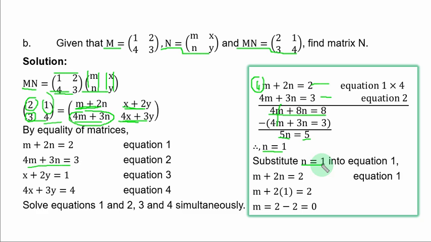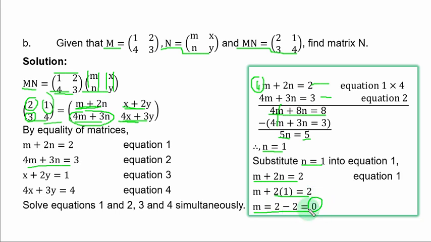So we are taking equation 1. That equation is m plus 2n equal to 2. Where you see n, replace it with 1. So you have m plus 2 times 1 equal to 2. That is m equal to 2 minus 2, and you have 0.